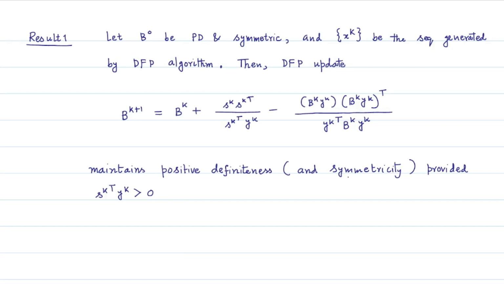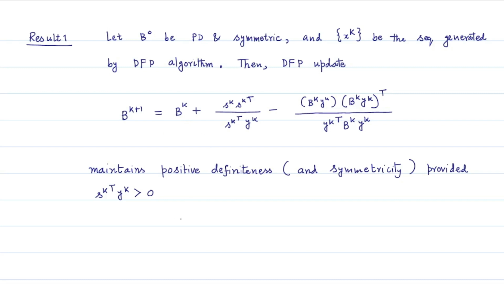The symmetry of this matrix Bk+1 is trivial. If Bk is symmetric, then you take the transpose of these two expressions and you get the same expression, and hence Bk+1 is a symmetric matrix provided the matrix Bk is a symmetric matrix.